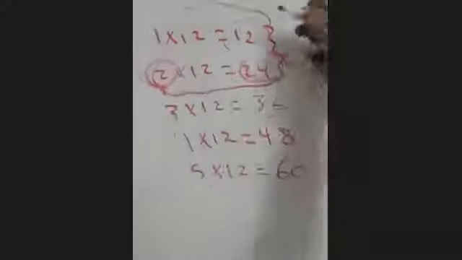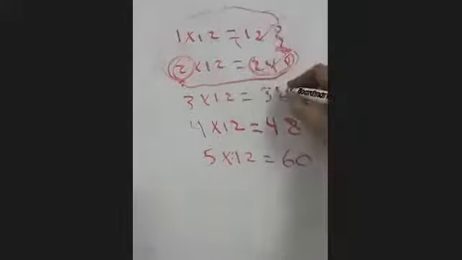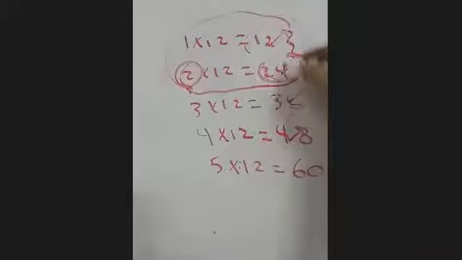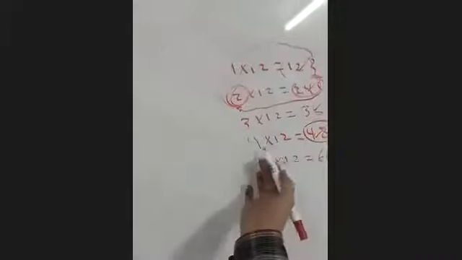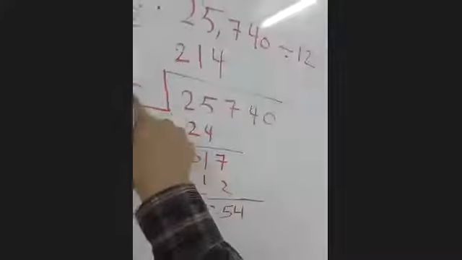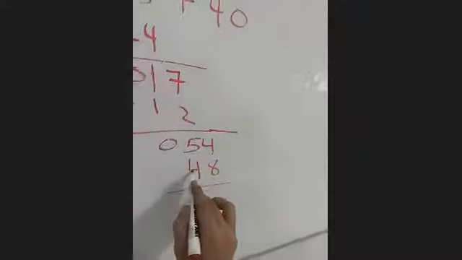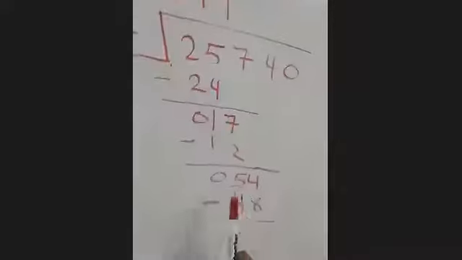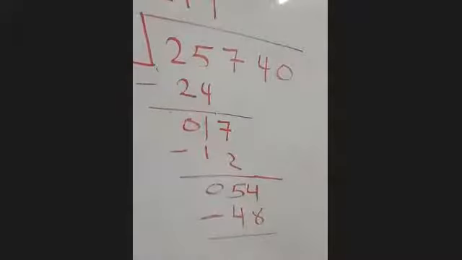I have a lot of choices here, all less than 54, but I will choose the closest one to 54, the nearest. So 48 came from 4. 4 times 12 is 48. Subtract.